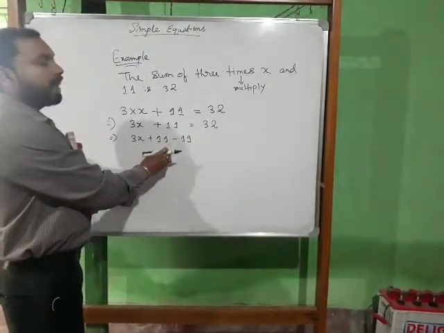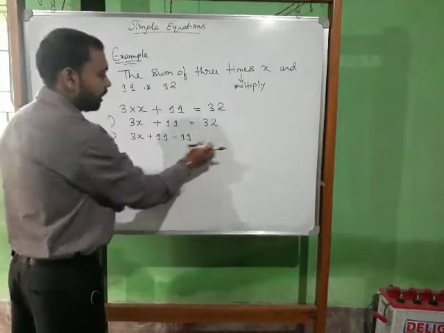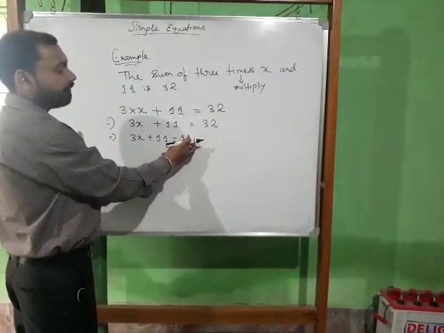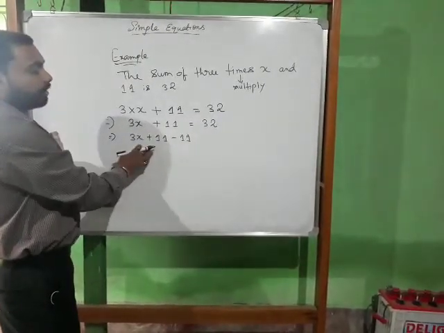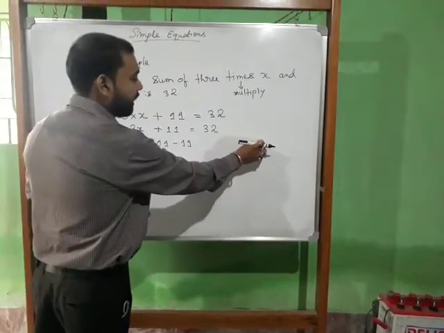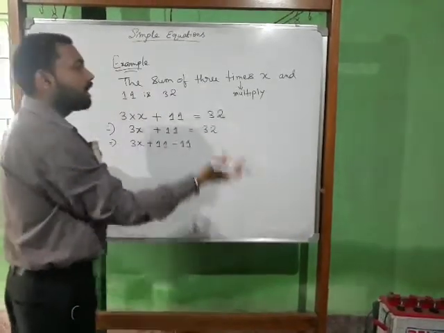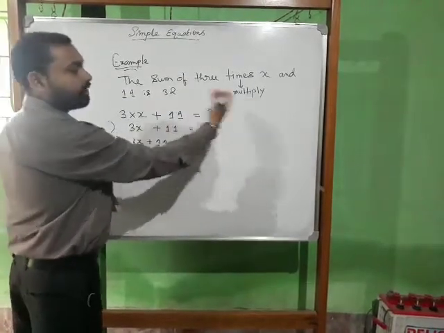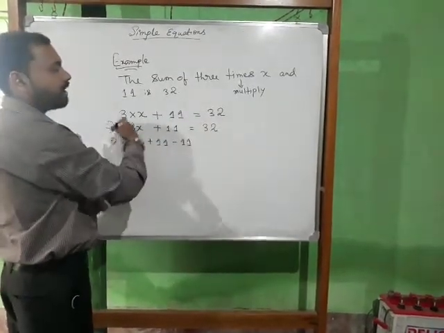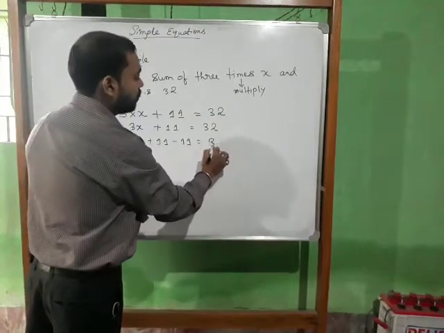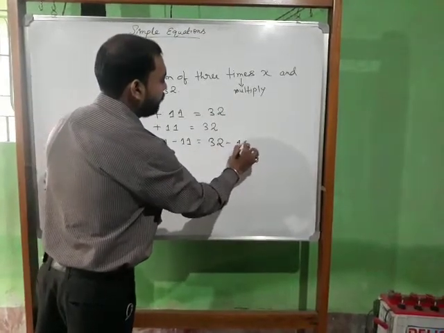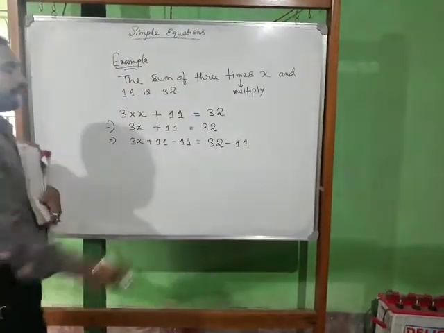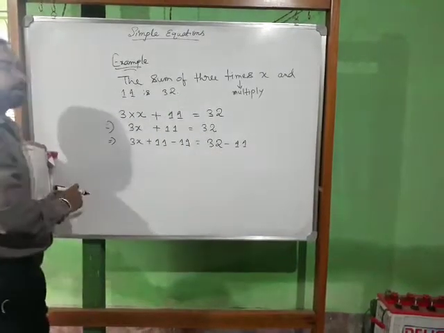Now to make the equation balanced, since I have written minus 11 on the left hand side, I have to subtract 11 on the right hand side. I have told you, an equation means it should be balanced on both sides, in LHS and RHS. So we have to subtract 11 from the right hand side. Then only this equation will become balanced.